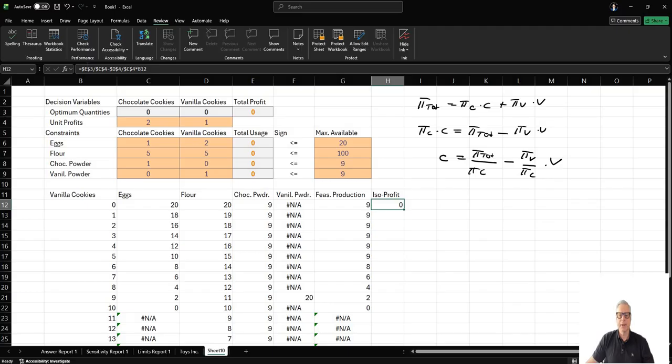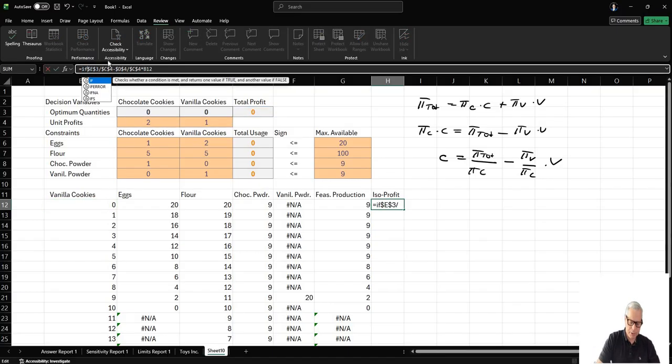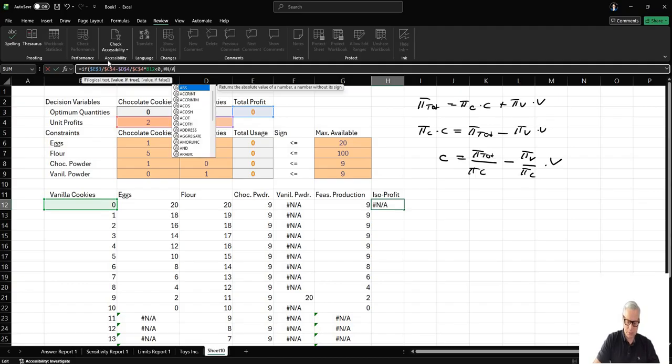Again I make sure that we don't have any negative values, so I put an IF around the formula. If that formula evaluates to less than 0, return an NA, otherwise use this formula.